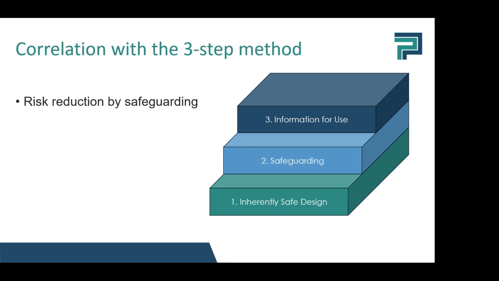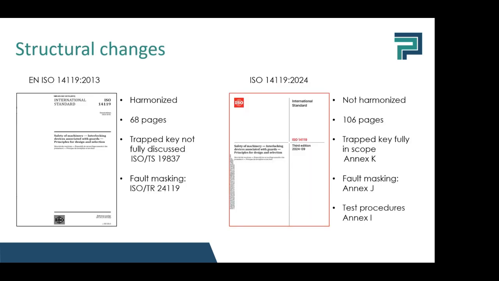So now first I'm going to talk about some structural changes relating to the standard. On the left side you can see the old standard from 2013, and on the right side, in red, you see the new standard from 2024. The old standard is still the harmonized one.